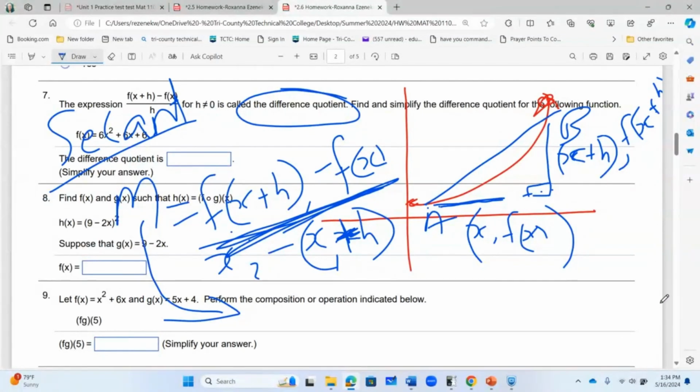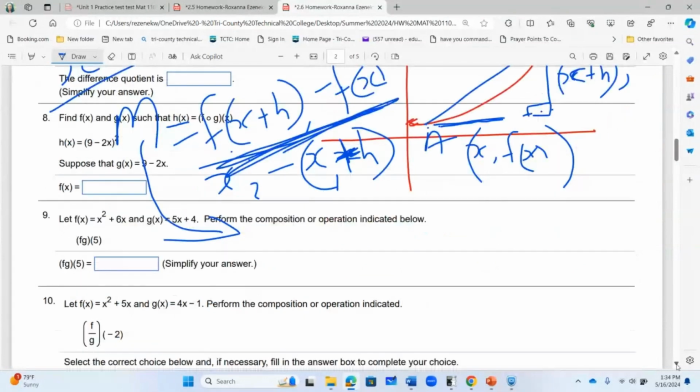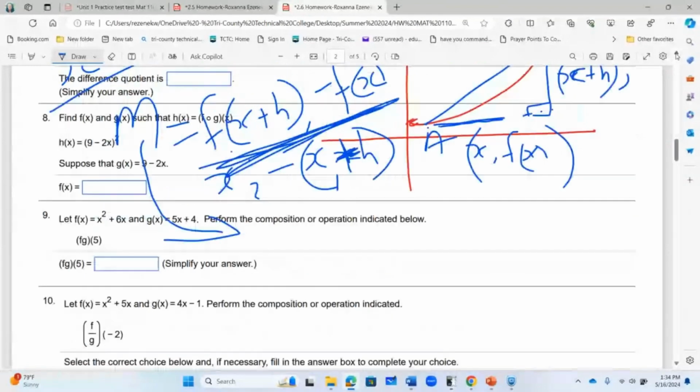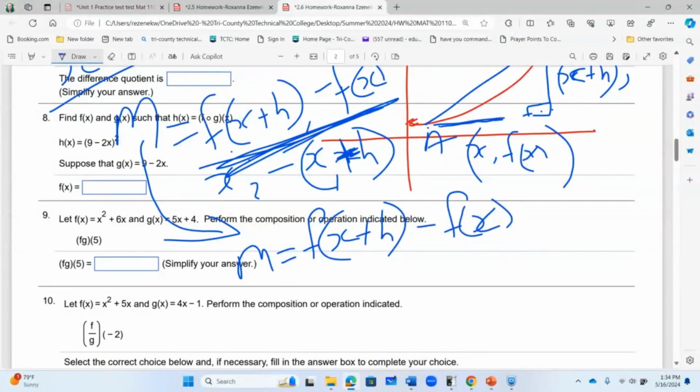When I rewrite this, I will see that the slope of that secant line is slope equals f of x plus h, which is y2 minus y1, all over x2 minus x1 plus h.